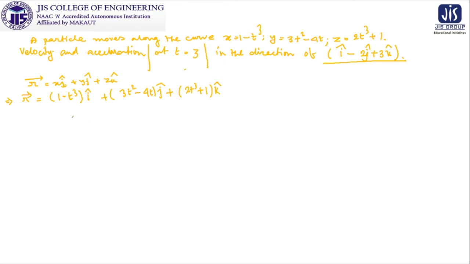Now, as we want to find out velocity first, velocity v is nothing but, as we all know, dr/dt.